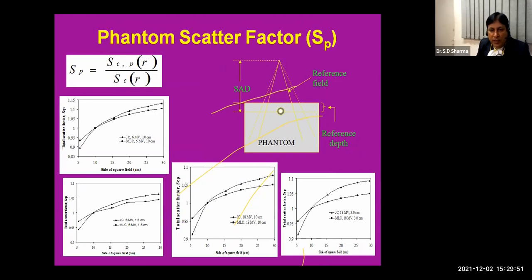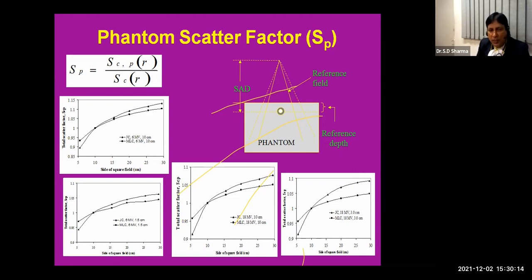Here it is defined as the amount of scatter at the point of interest, keeping the collimator opening constant. To achieve this condition, we need to make another collimator system which could be mounted over the phantom. So what I feel is that this way the measurement of phantom scatter factor is a tedious approach.